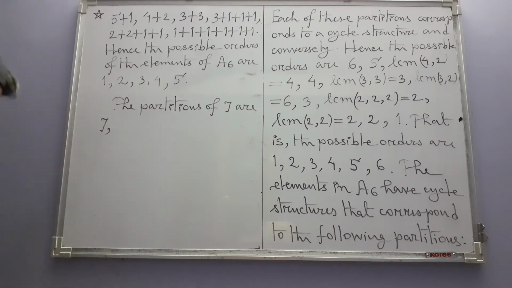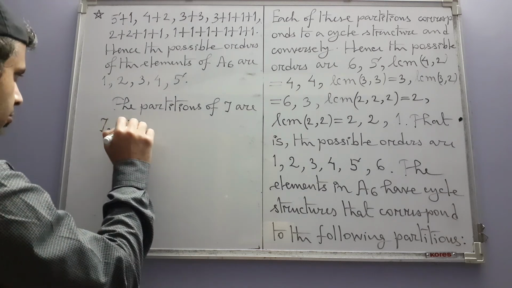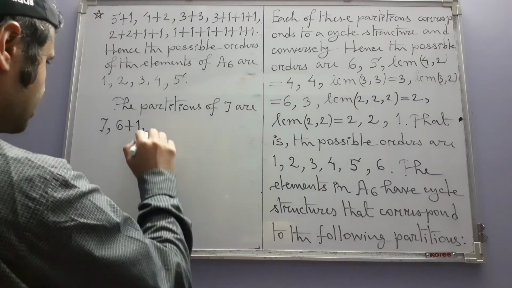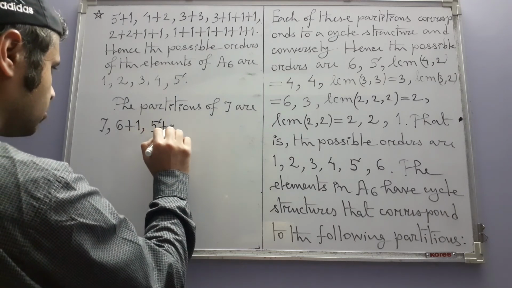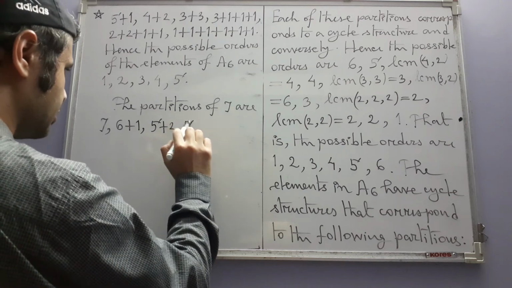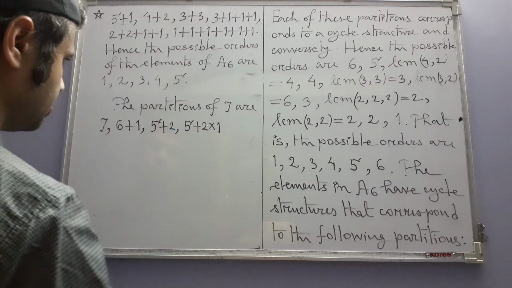7, then 6 plus 1, then 5 plus 2, 5 plus 1 plus 1. Instead of writing 1 plus 1, we write like this: 2 times 1.